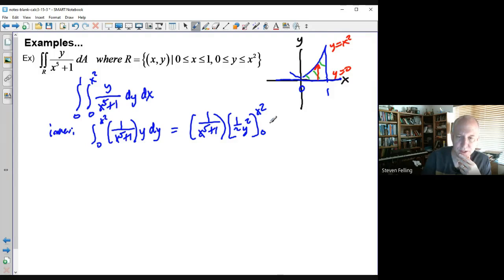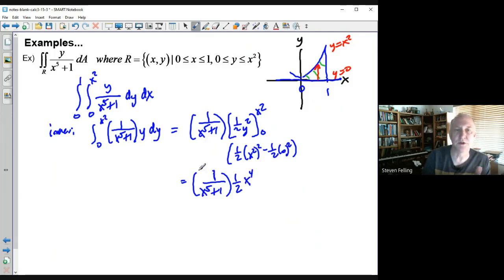Right, so this is going to be that constant times 1/2 x squared squared minus 1/2 0 squared times that same constant. So we're going to end up with 1 over x to the 5th plus 1, and then this is x to the 4th, so it's going to end up being 1/2 x to the 4th. I'll just put it beside it, x to the 4th.